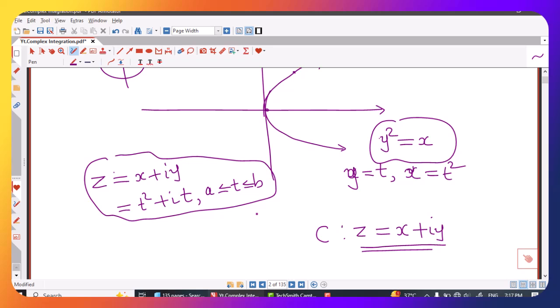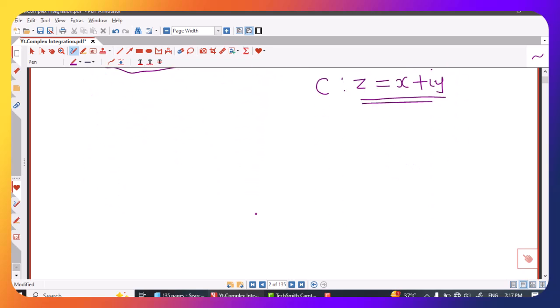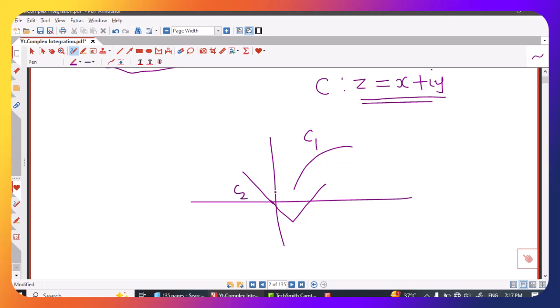And one more thing, suppose our curve is having no corners. Suppose we have this curve, and suppose we consider a curve which is in this form. This is curve C1 and this is curve C2. We can see that in curve C1 there is no corner, but in curve C2 there is a corner.